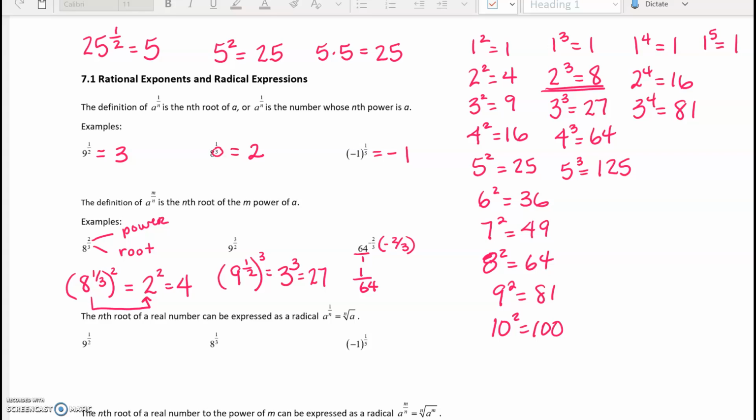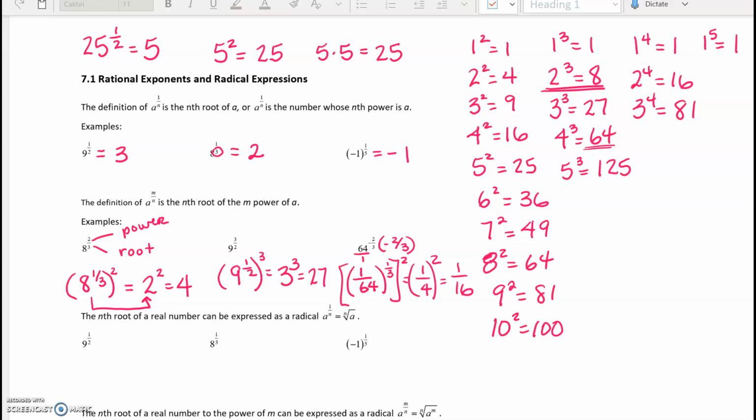That takes care of the negative. Then, like we did before, I'm going to take that to the 1/3 power. I'm going to do the root first, and then I'm going to square it. So there's something over here that cubed gives me 64, and so that's the 4. So I have 1/4 squared, which is 1/16.